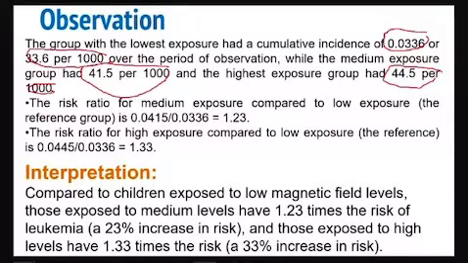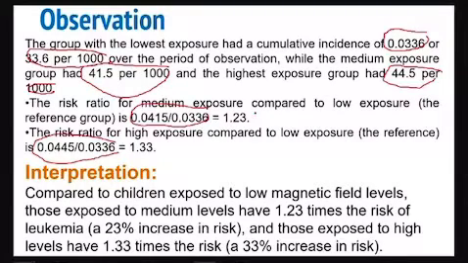Risk ratio is comparing risk between two different levels of exposure. So I'm going to compare medium with low, high with low. Why am I comparing them with low? I'm using low as a control. Does that make sense? Now, how do we interpret this?